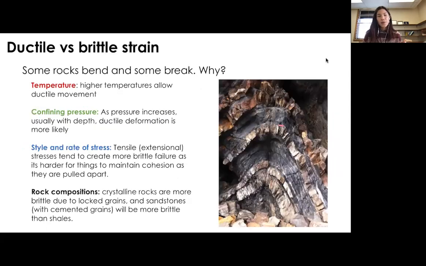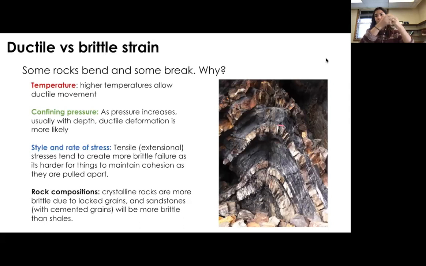And then, of course, one that's important to think about, especially as geologists, is the rock composition. When rocks have a tighter locking between the grains, it is harder for those rocks to bend. So if you have interlocked crystals, like in an igneous or a metamorphic rock, those crystals, because they're so locked, will not bend very easily.